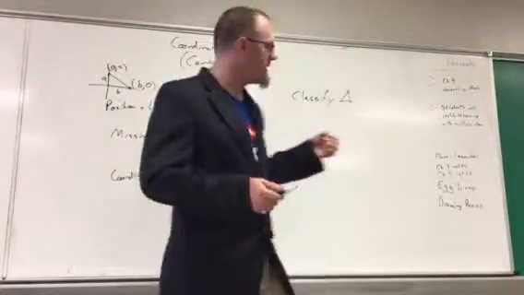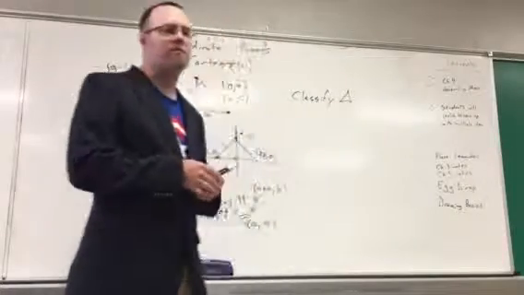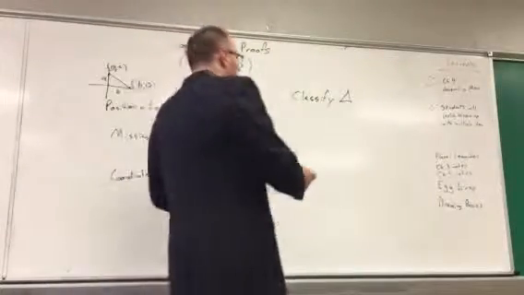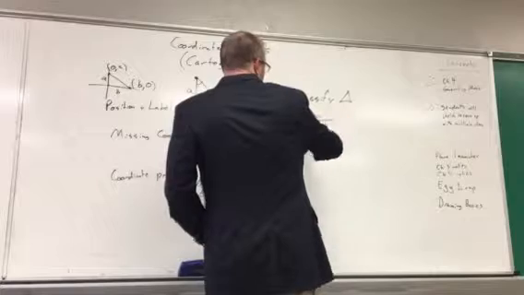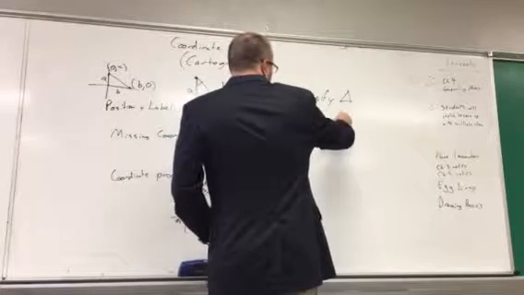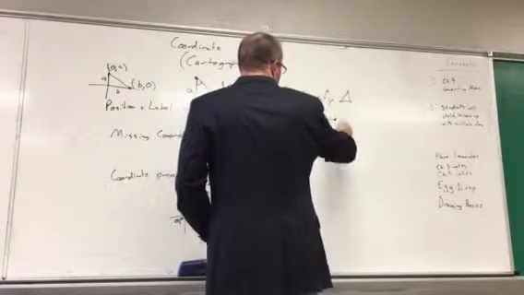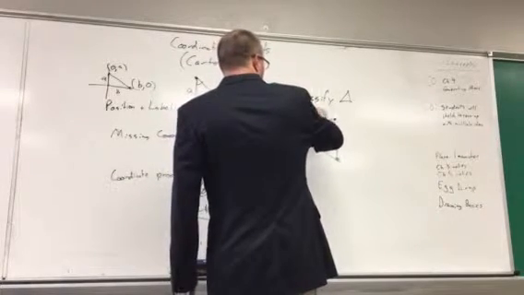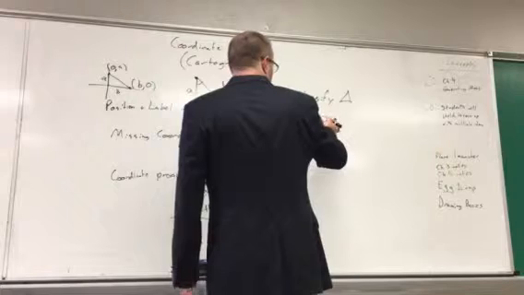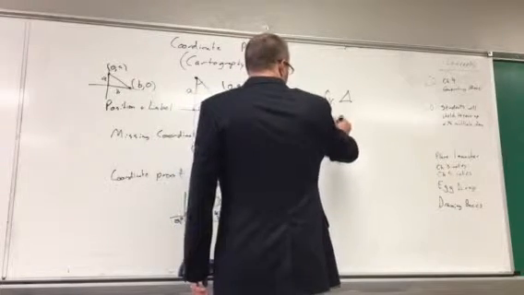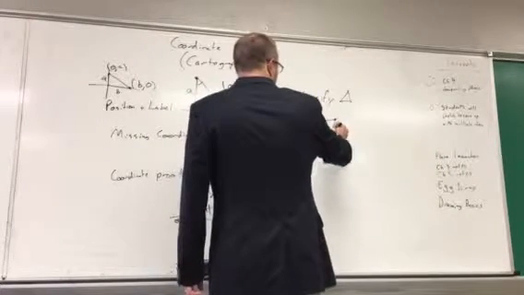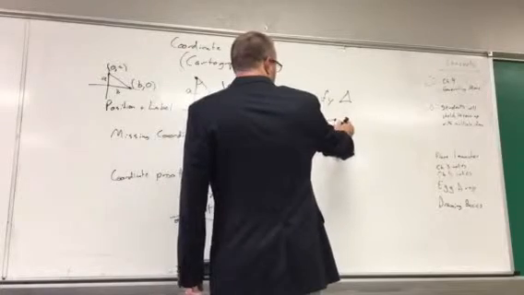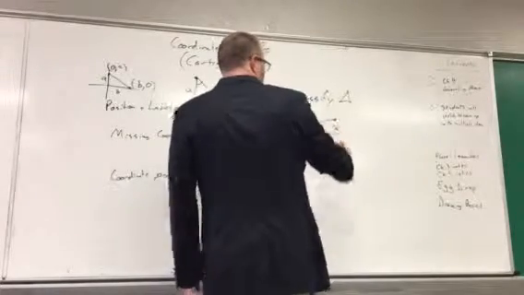The last thing we have over here, and I have it over to the side because it's basically something that we've already kind of done, is classify triangles. So if we've got a point here, we've got a point here, and we've got a point down here, what you need to do is run the distance formula or run the Pythagorean theorem of a and b here. So a squared plus b squared is equal to c squared. Take the square root of that.